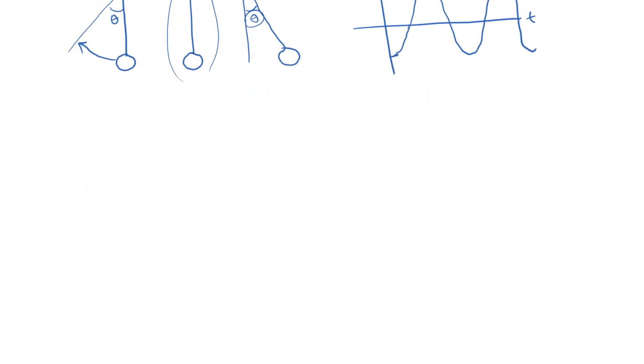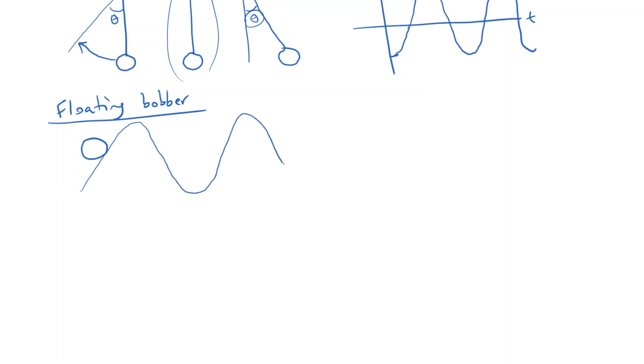Okay, one more simple example might be a floating bobber or buoy in water. If you have consistent waves and you've got a bobber on top of that wave, or maybe it's right in the middle of a wave, so it's something like this, right? Those are your waves.